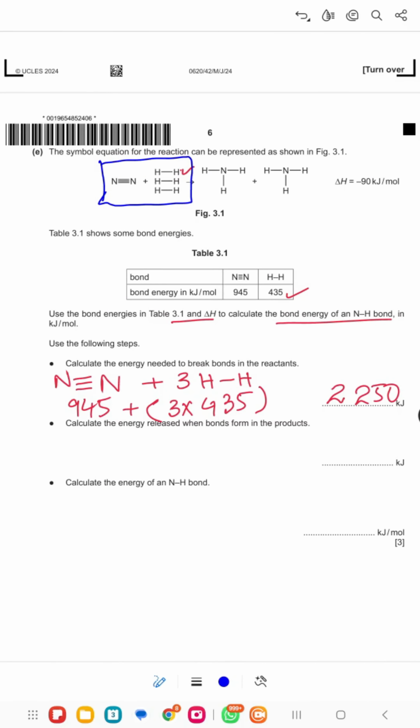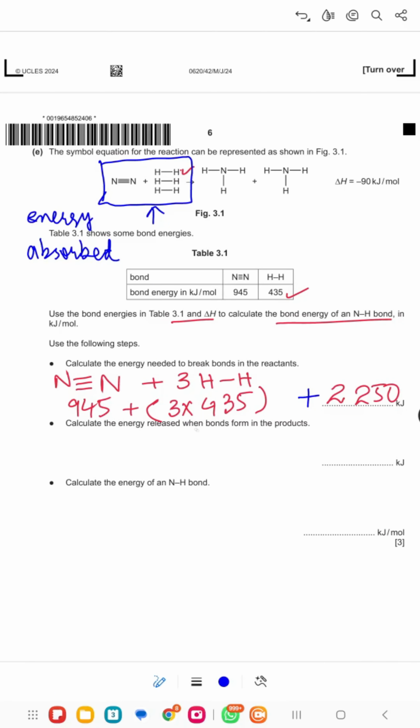So when bonds are broken, energy is being absorbed. So when energy is absorbed, we will use the sign plus. So this amount of energy, 2250, will be absorbed here. So we will get the value plus 2250.